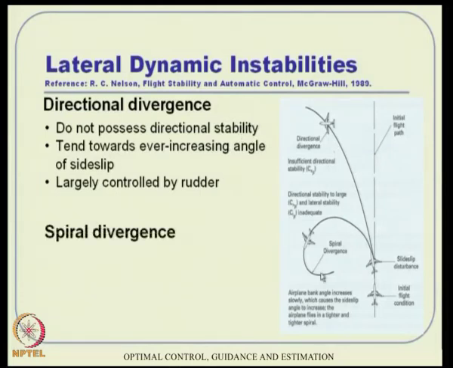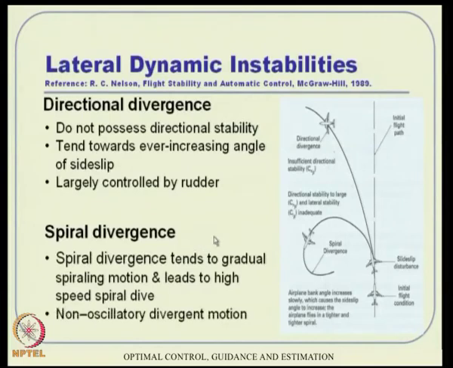The other one is spiral divergence, which is largely responsible for this gradual spiraling motion. That means the rolling stability: suppose the vehicle starts rolling. Then it will also lead to yaw, that we know. The moment the vehicle rolls, it yaws also.